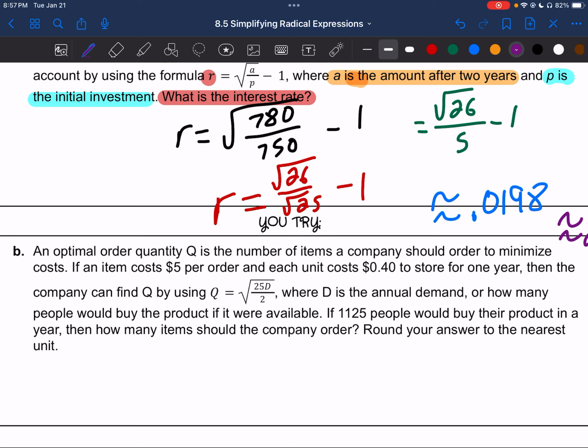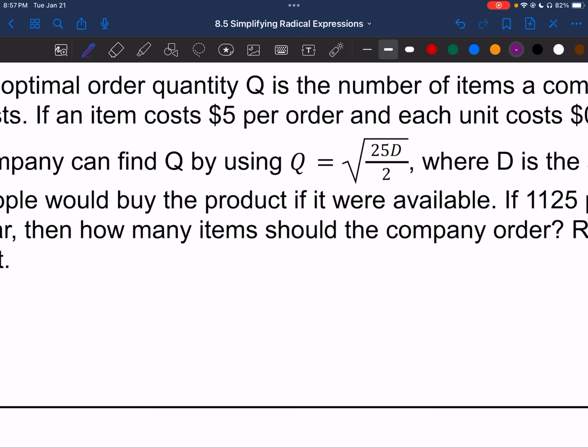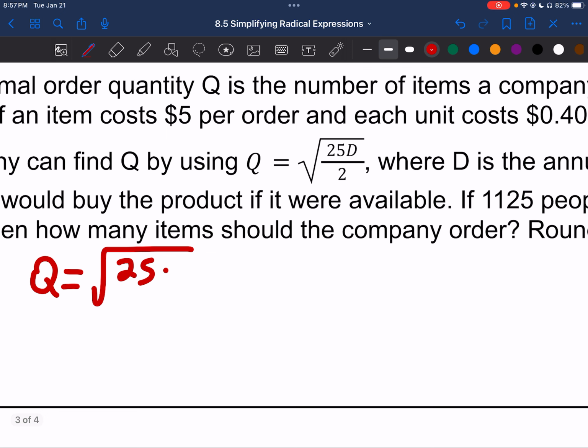So let's go ahead and let's do this. This is going to be a straight calculator problem. So when we set this up, we say Q is going to be equal to the square root of 25 times our D, which was the demand in a year if it were available.